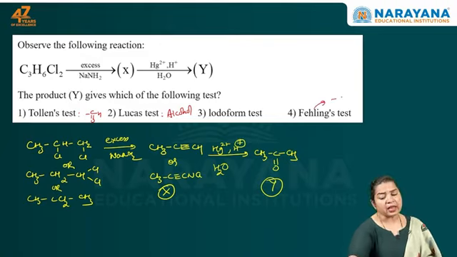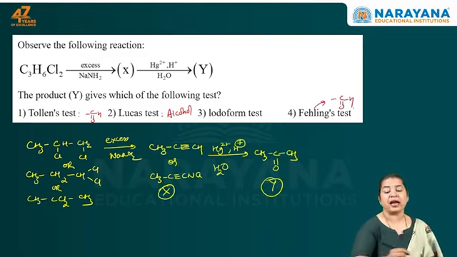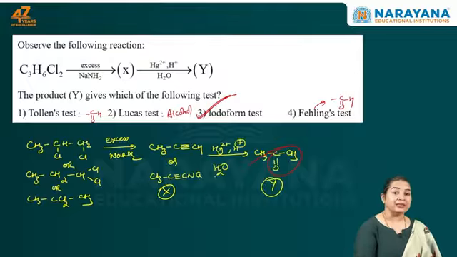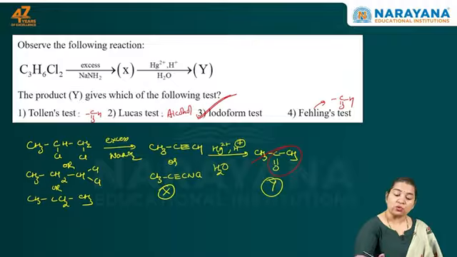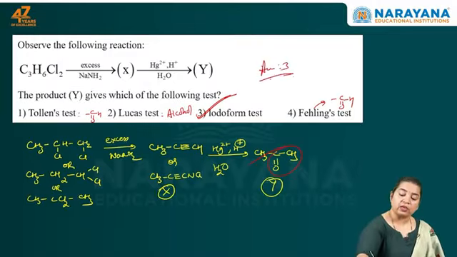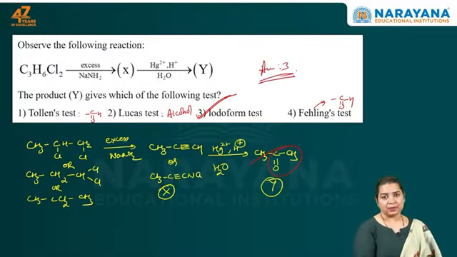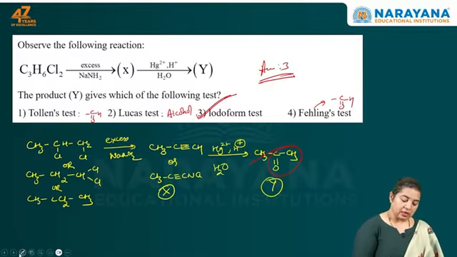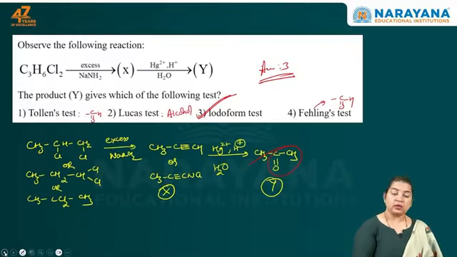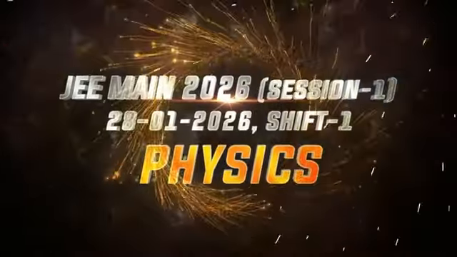Fehling's is again primarily for aldehydes, not possible. Iodoform, yes, it is a methyl ketone and methyl ketones do give iodoform test. Acetone gives iodoform test. So, the answer is third. Okay. So, that is it. Let's move to physics.